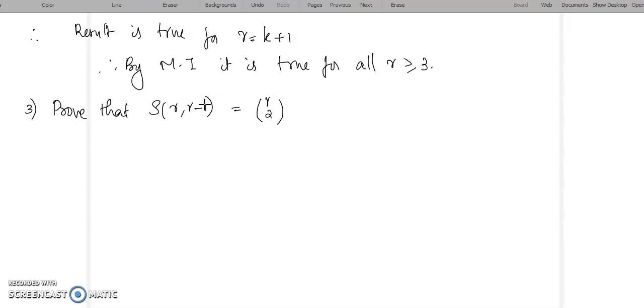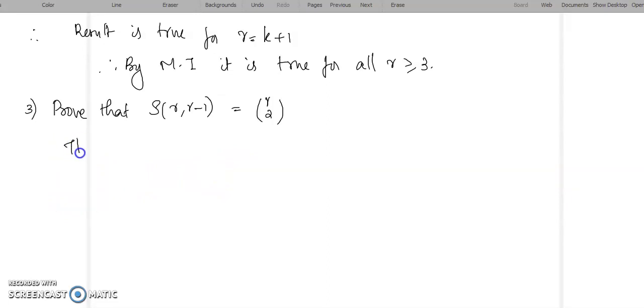So the problem is to put 2 objects into one box. So we select any 2 objects out of r, and that has to be placed in this one box. So that can be done in rC2 ways. So therefore S of r, r minus 1 will be equal to rC2.